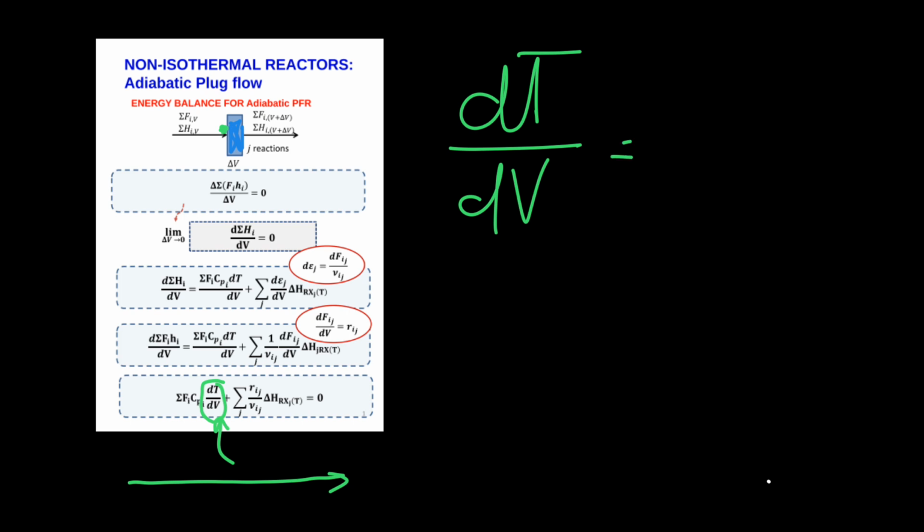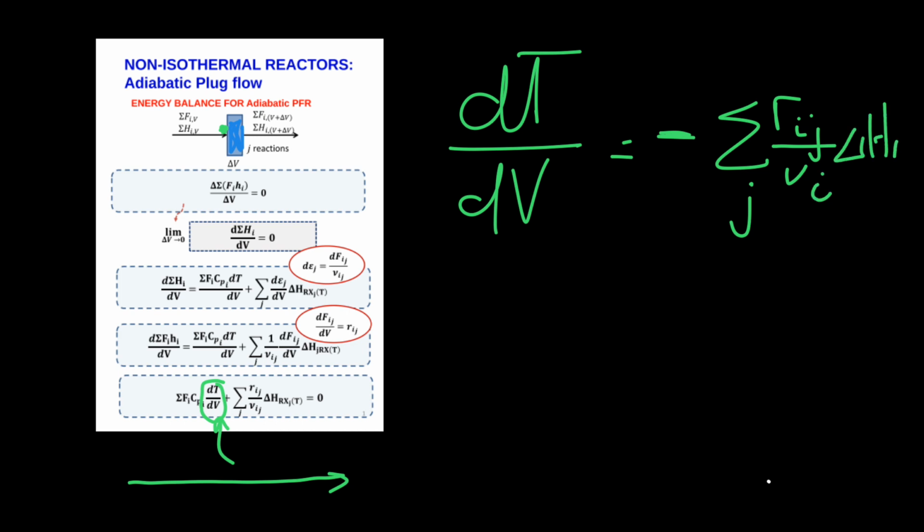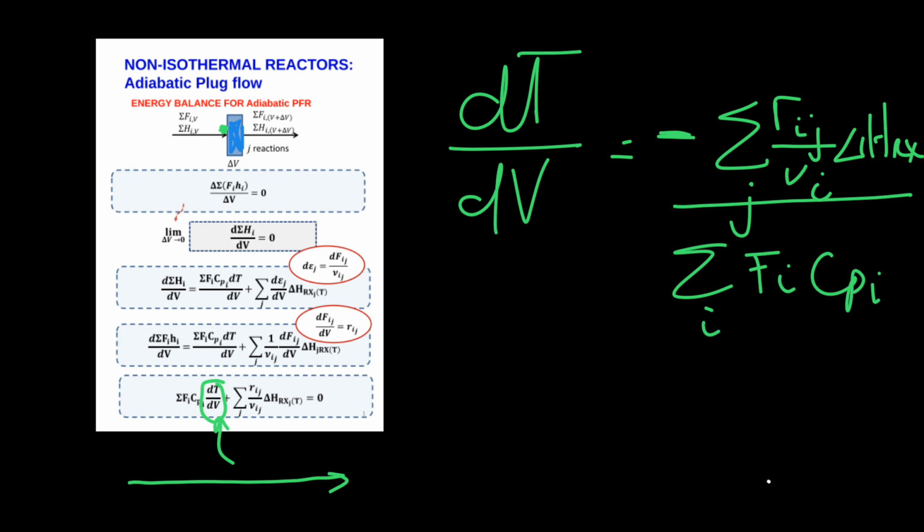It will be equal to negative sum over all the reactions, just sum for each reaction once. Choose a component as it reacts in that specific reaction, divide by the stoichiometric number, multiplied by the heat of reaction, and divide that by the energy carrying capacity of my stream as it enters that slice in my reactor.